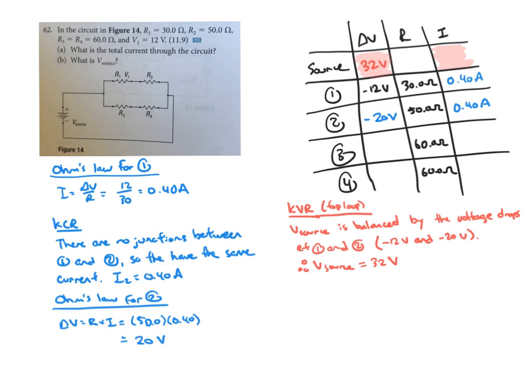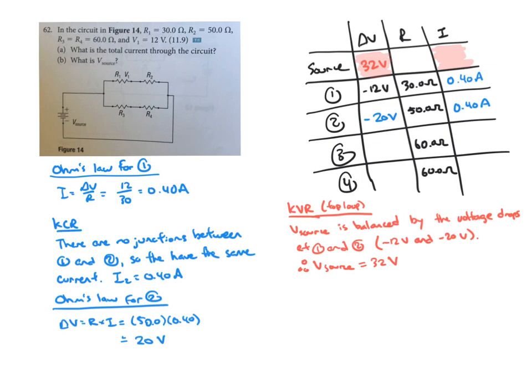For the source. So there's a couple of ways I can approach this. One way, since I know the resistances of all the resistors, I can find the equivalent resistance and fill in the top square for resistance, and then get my current.